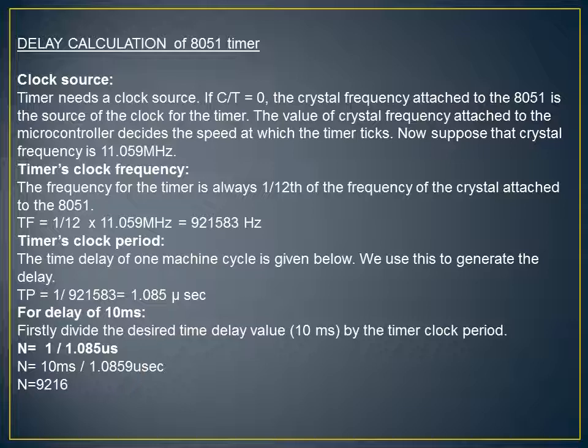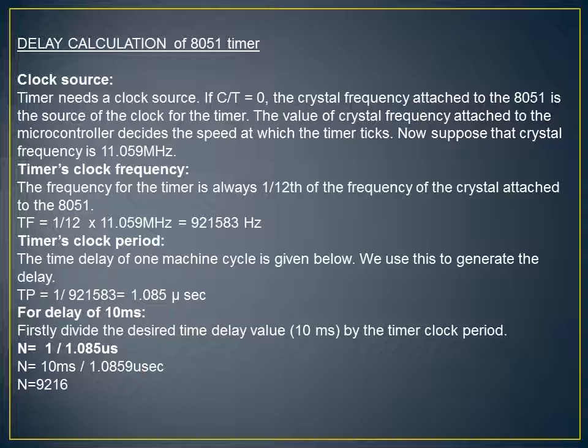Suppose the crystal frequency is 11.0592 MHz. The frequency for the timer is always 1/12 of the crystal frequency attached to the 8051. So timer frequency TF is equal to 1/12 times 11.0592 MHz, which is equal to 921583 Hz.